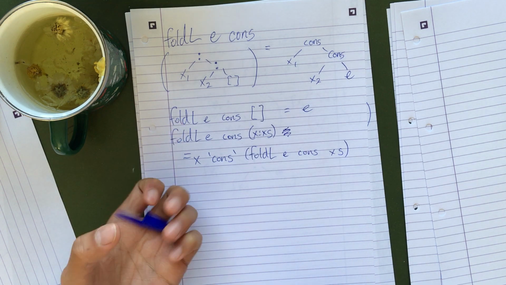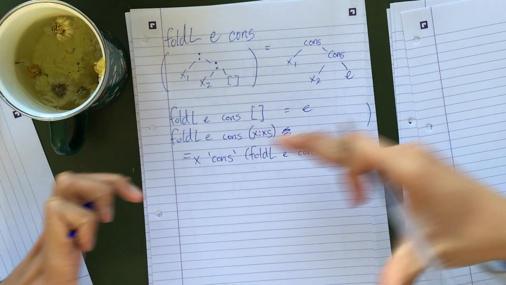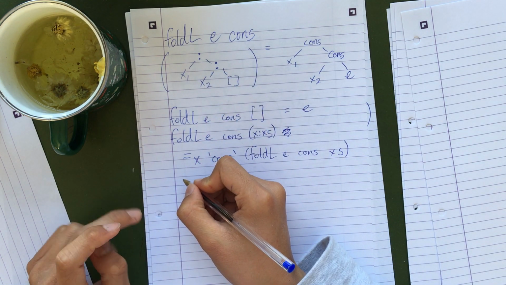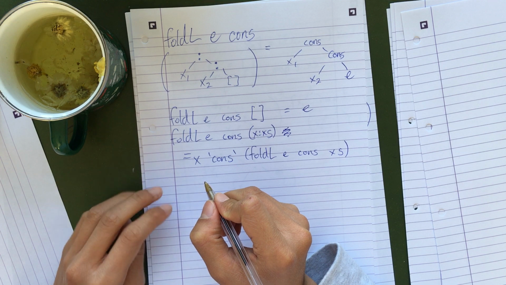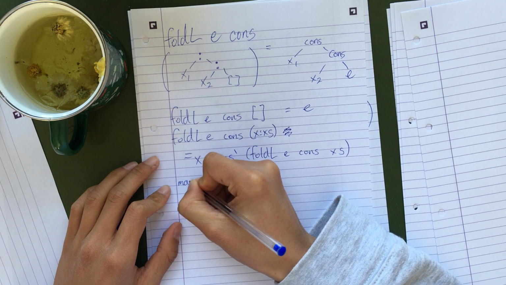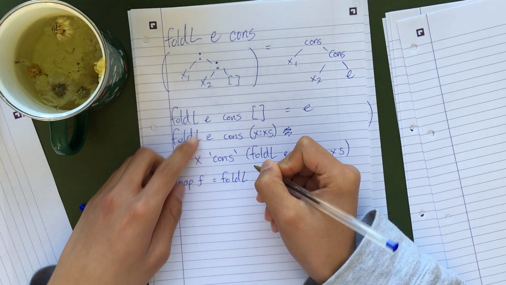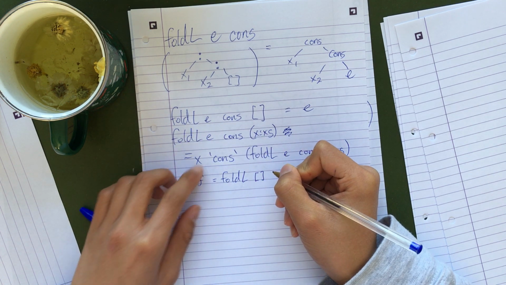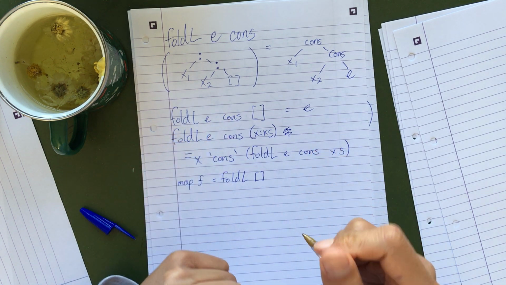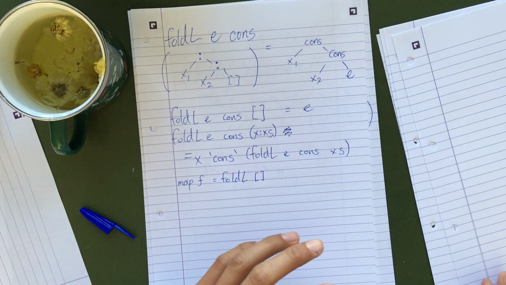So foldL is again an onion peeling function, since it is the family. It could represent anything in the family of list onion peeling functions. Let's write out our earlier examples, map and what was the other one? Whatever the other one was, as folds. So map f is equal to foldL of, it's going to replace the empty list with the empty list. And this cons, it's going to apply f to the first thing in the list, and then cons it onto the rest of the list.